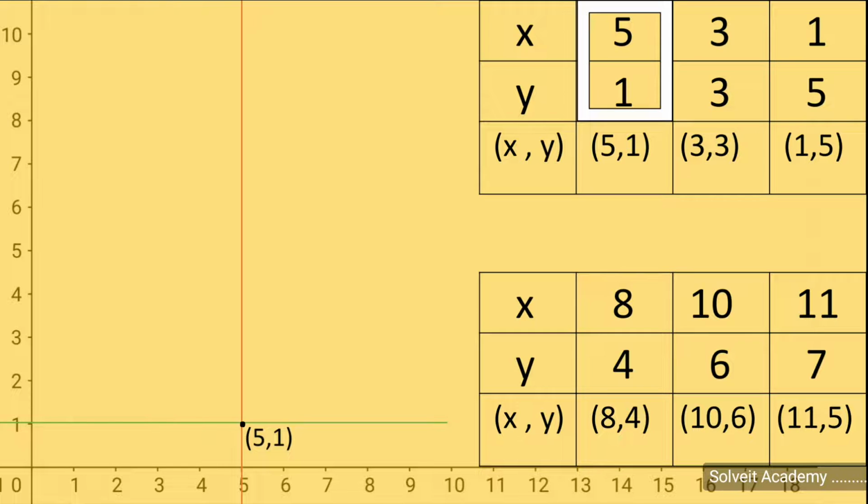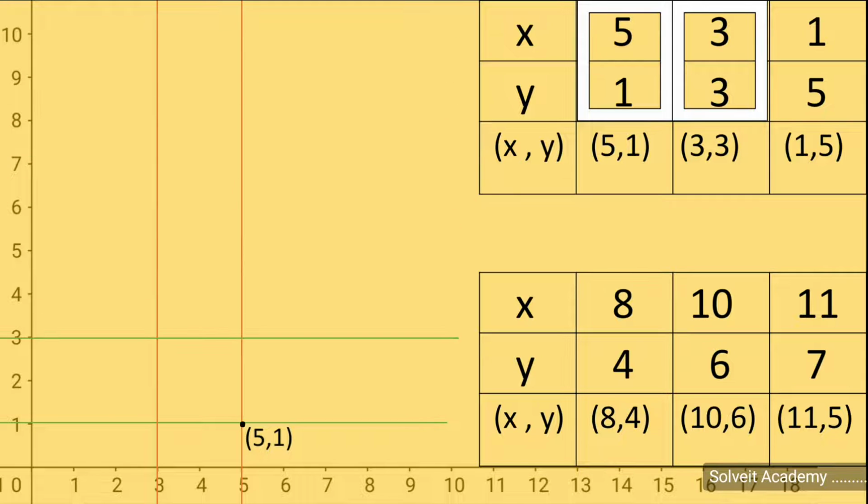Similarly, in case of 3 comma 3, or when x equal to 3, the y is 3, so we can draw a line which cuts the x-axis at the point of 3, and also we can draw another line which cuts the y-axis at 3. The intersection of these two lines is the required point whose coordinates are 3 comma 3.